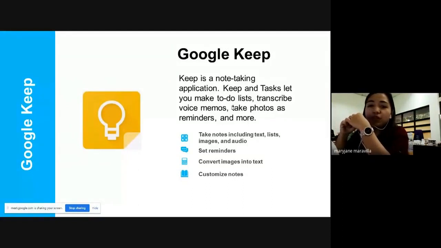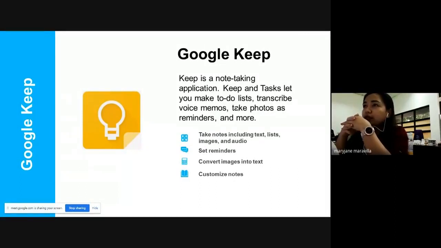So especially when you are trying to manage your tasks, Google Keep is very helpful in having a to-do list. So you just have to list all your pendings, and then you have to check mark it once you're done.